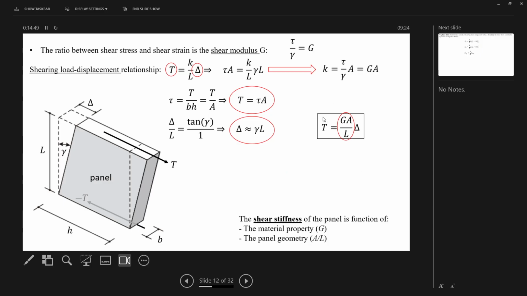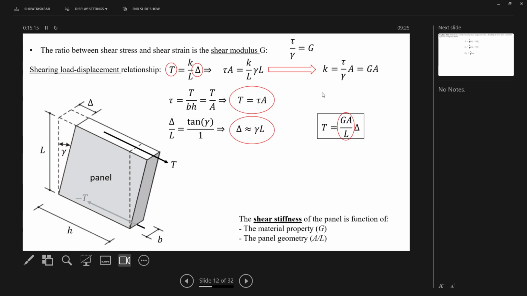And we've now got T, so T is the force, remember, equals G, which is the modulus of elasticity but in the shear action, multiplied by the area, divided by L, all multiplied by delta, delta being this. Okay.